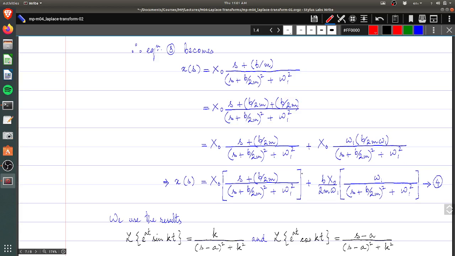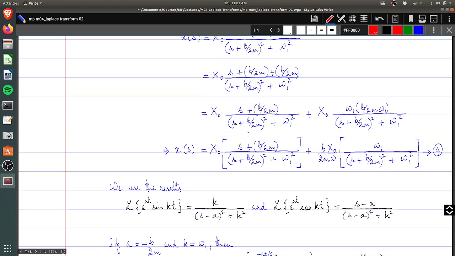Then we have X of s equal to x naught common, and this entire thing is one term. Here also I take x naught common, and b by twice m omega 1 I also bring outside, along with x naught, because all of them are constants. So b x naught by twice m omega 1, and this leaves behind an omega 1 here: omega 1 divided by s plus b by twice m whole square plus omega 1 square. Let's call this equation number 4.